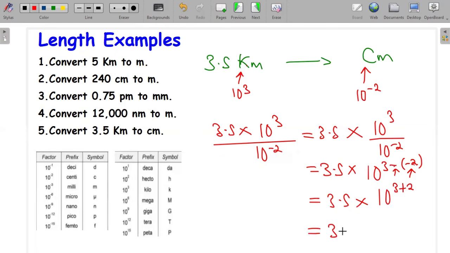So that would be 3.5 times 10 to the power 5, and this will be centimeters. All right, so we're done with the examples on length. Unless you have questions, I'm going to move to the examples on mass.